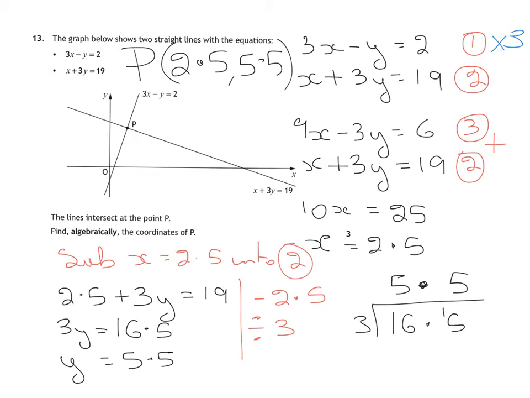Your second mark is coming from getting your x value and your y value. You need to follow a valid strategy in order to get that. And your third mark is for actually stating your x and your y.